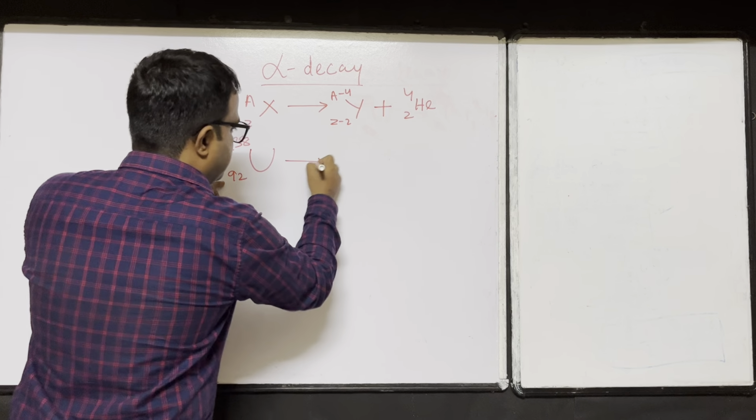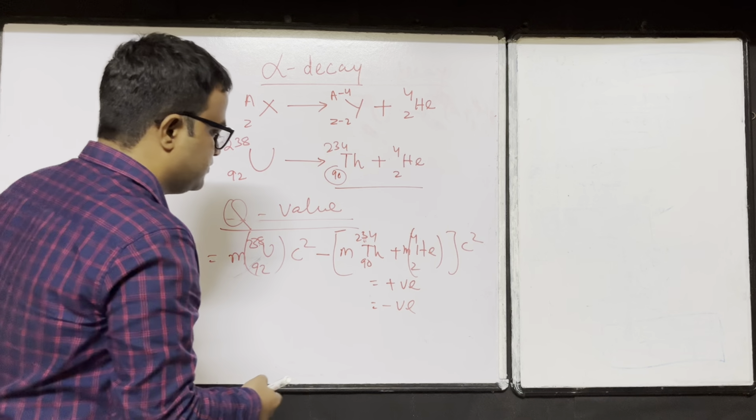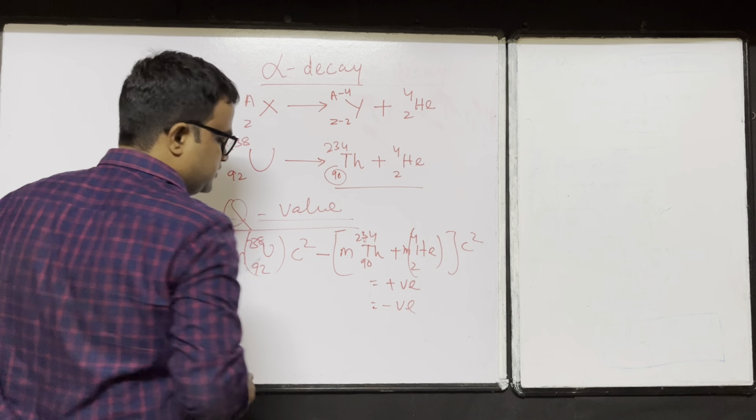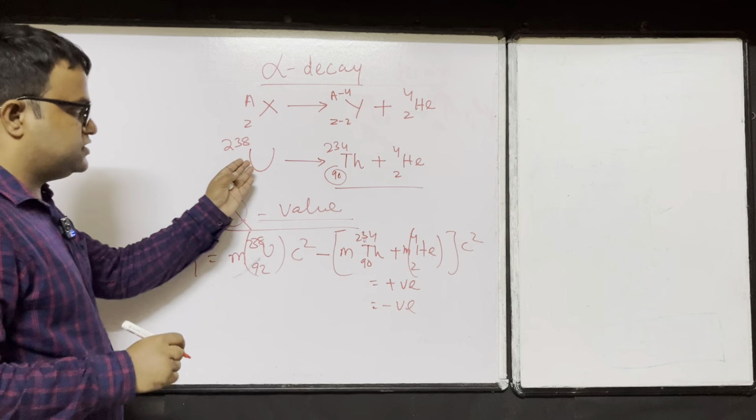You need to give some amount of energy to the reactant so that the decay will start. Here the product energy will be more. Generally these are endothermic in nature, so we have to provide some energy for the decay to start or to progress.